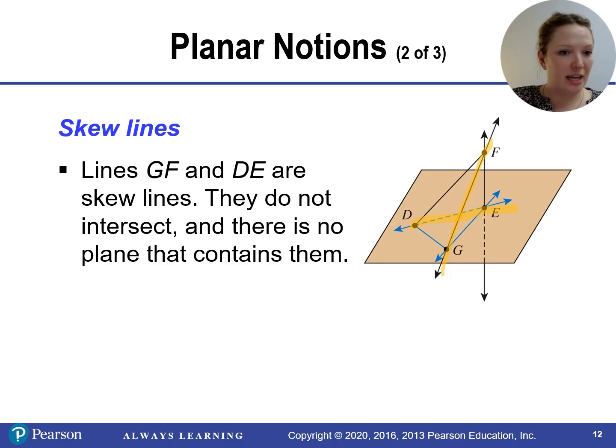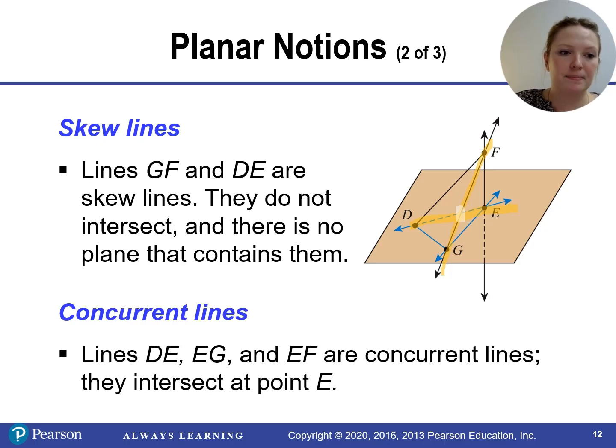They will never intersect, and there's not a plane that will contain them. Even though in this picture, it looks like they have an intersection point here. Let me highlight it. They're not actually intersecting in the 3 dimensions. So that is not a point of intersection just because it looks like it on the paper. So these are skew lines.